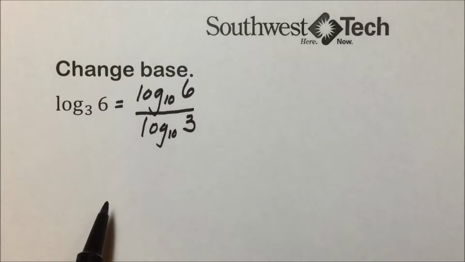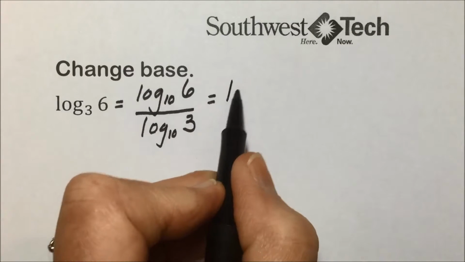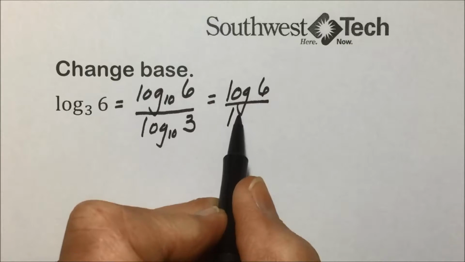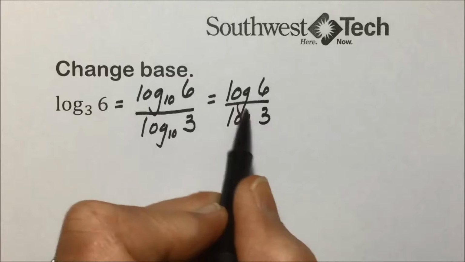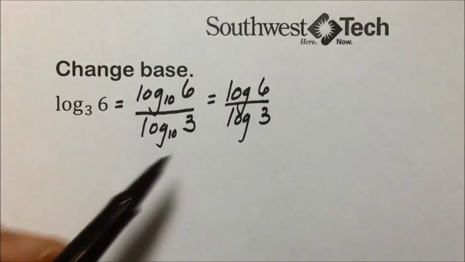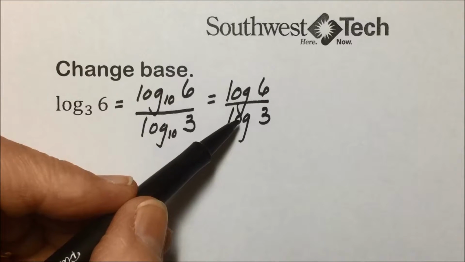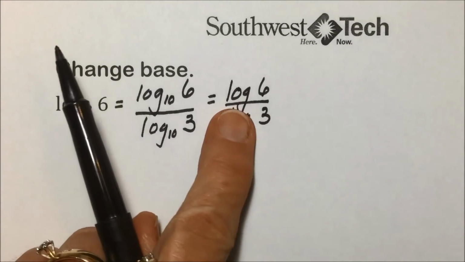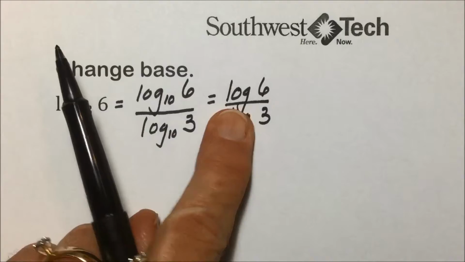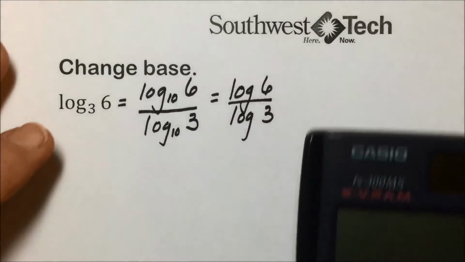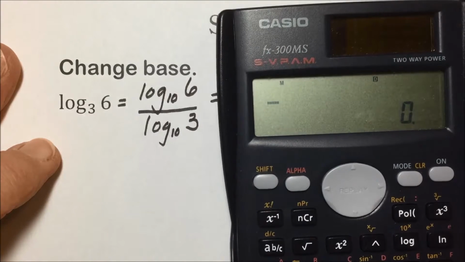Now I wrote the base down, but I could have just written log of 6 over log of 3, using the shorthand for common logarithm of base 10. And simplifying this, because they're both logs, doesn't mean that we can take 6 divided by 3. That would work only if it had been a single log of a quotient, and it's not, so we have to follow order of operations: simplify the numerator, simplify the denominator.